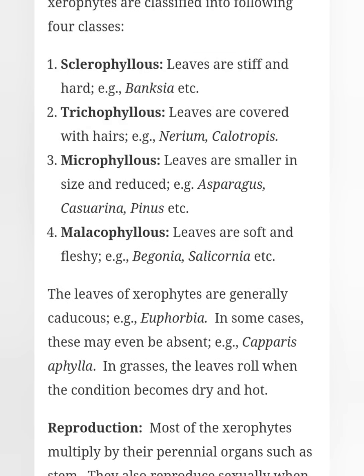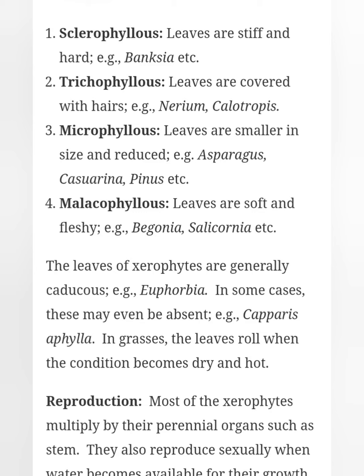The leaves of xerophytes are generally caducous, and in some cases these may even be absent. Also, the leaves roll when the climatic condition becomes very dry and very hot.